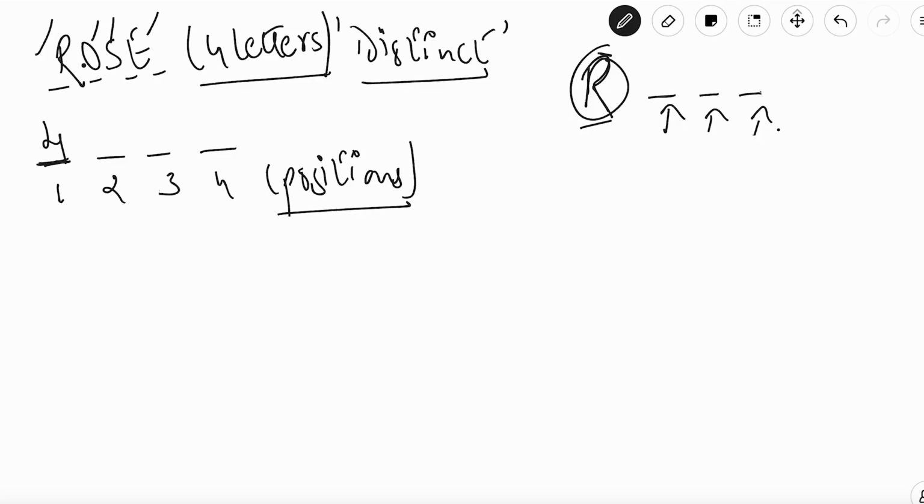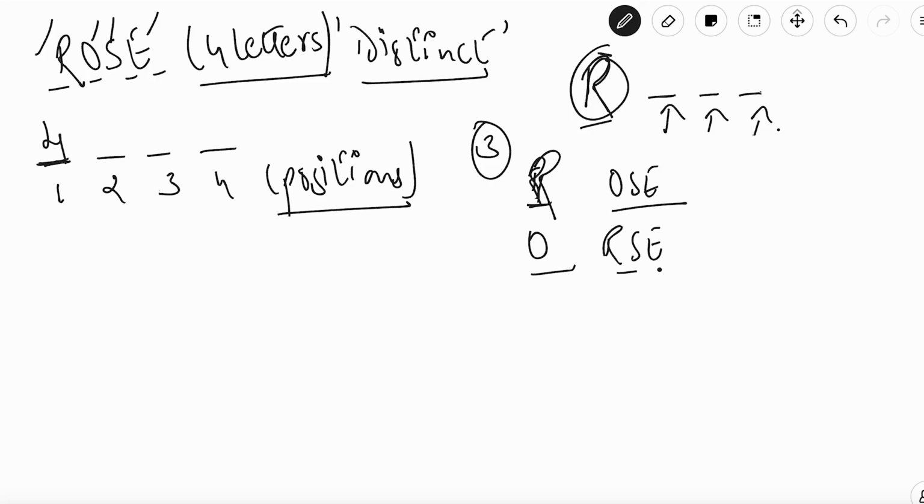Once we choose one letter amongst these four, we are left with three choices. Let's say if we choose R for position 1, then we have OSE. If we chose O, we are left with RSE. If we chose E, we are left with ROS. Similarly, if I chose S, I am left with ROE.